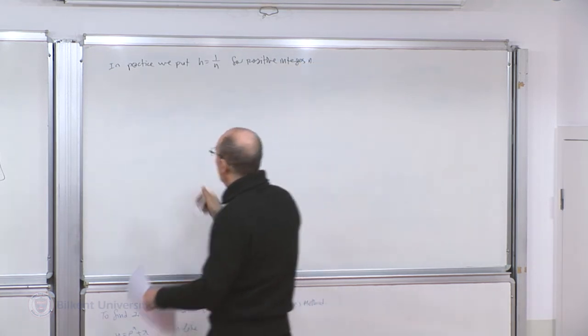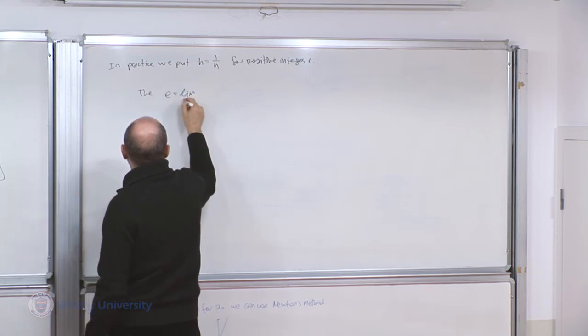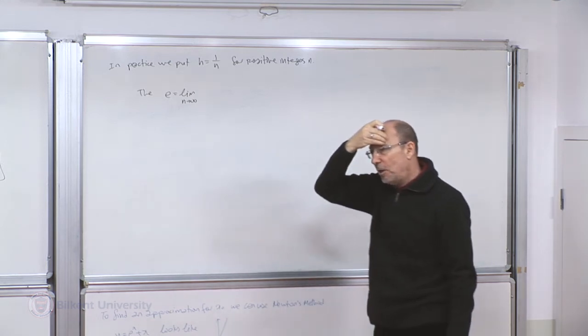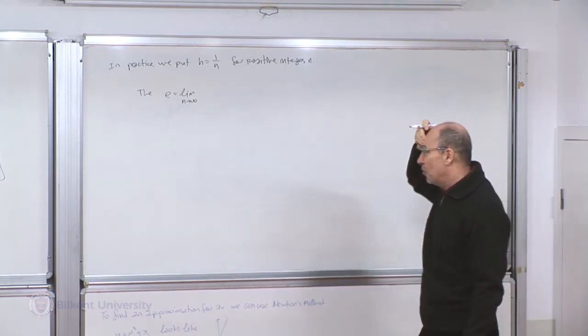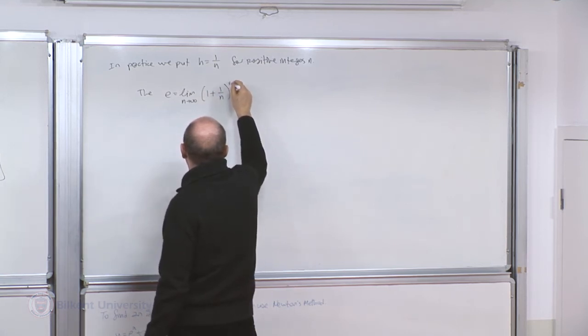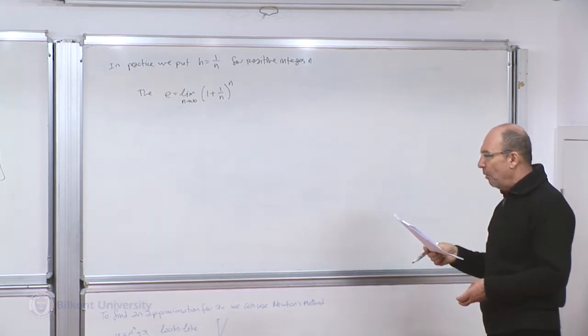Then e is equal to the limit as n goes to infinity, since h is going to 0 from the right and the integer n must go to infinity, of (1 plus 1 over n) to the power n. So this is how we use this.